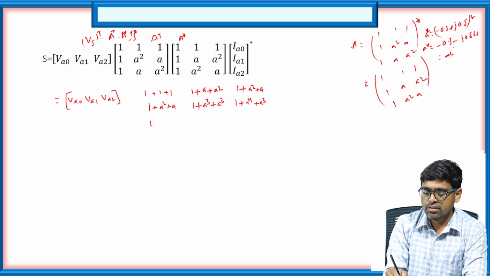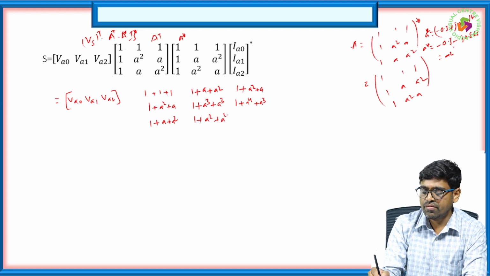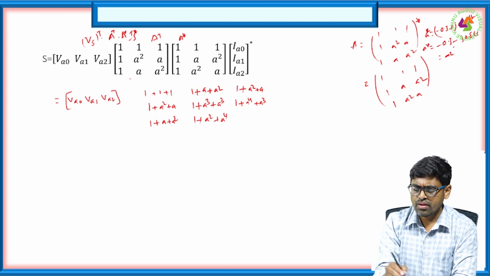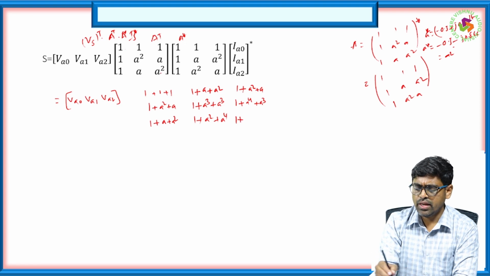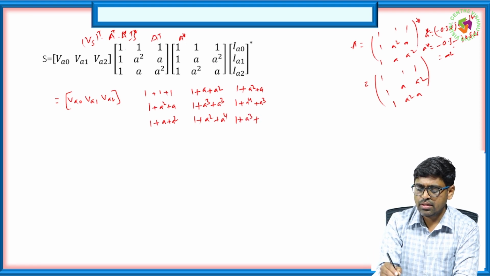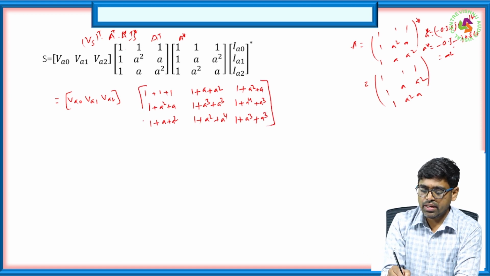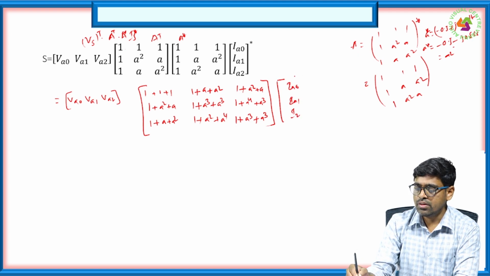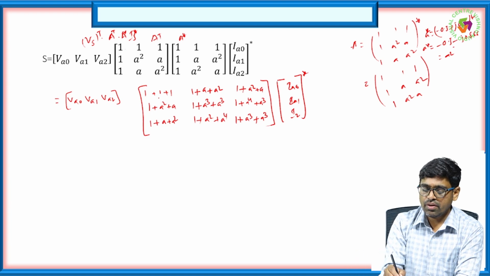Then 1 into 1, 1 plus A square into 1 plus A into A square plus A cube, A power 4, right? And 1 into 1, 1 plus A into A cube plus A square into A cube. Now we are multiplying these two matrices with Ia0, Ia1, Ia2 whole conjugate.